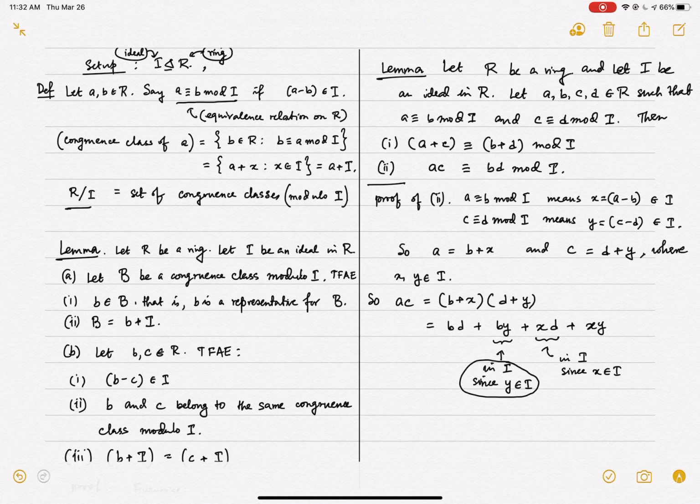And for this one, xy, this is still in I, and you could say it's because x is in I again. Okay, at any rate, the second, third and fourth terms are all in I, so their sum is again in I, because I is a subring after all, so I is closed under addition.